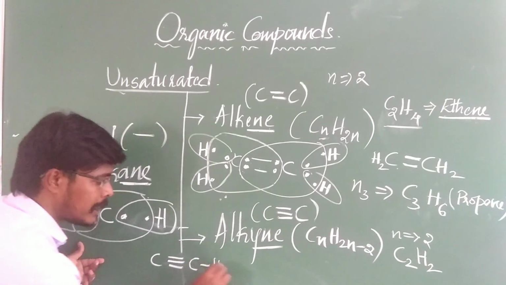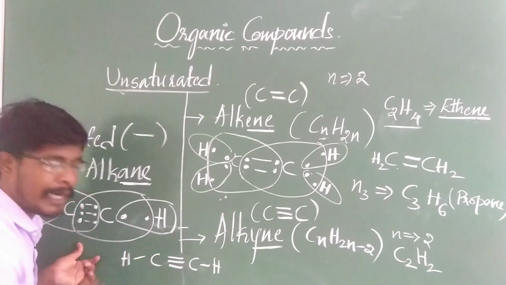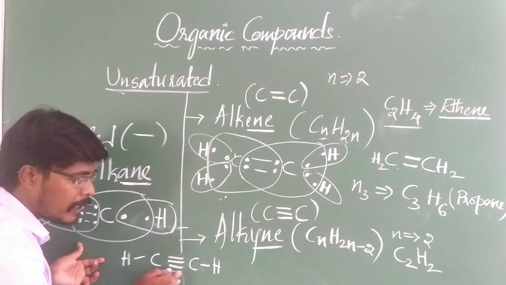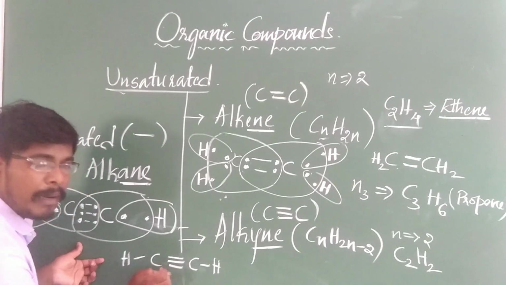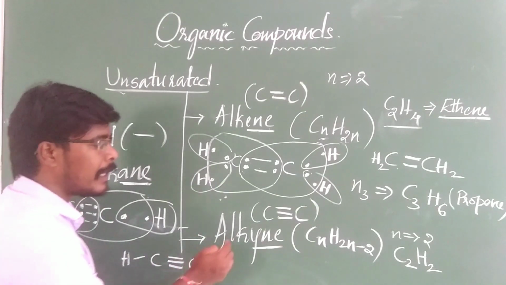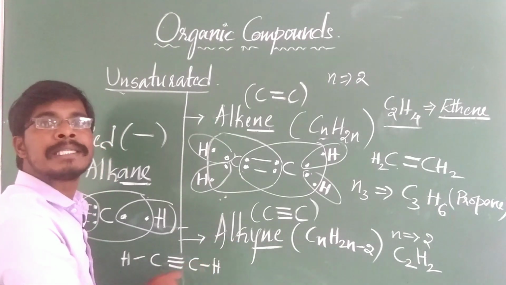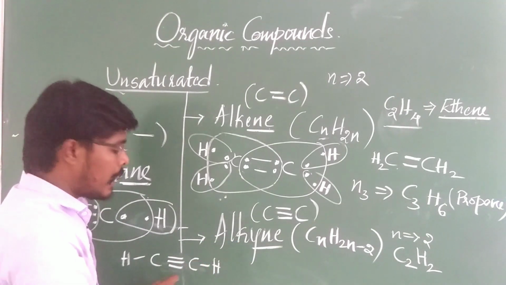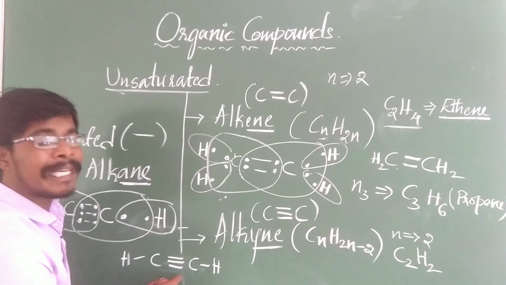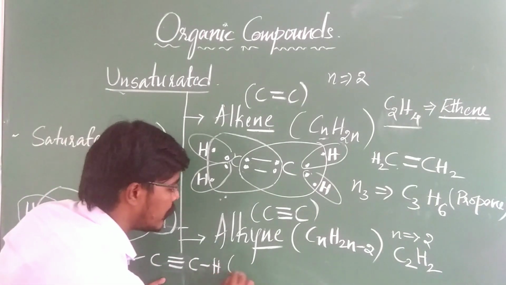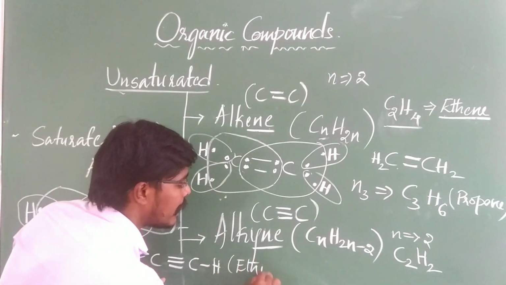Here 1 hydrogen is joined and on the left side, 1 hydrogen is joined. Because of the presence of this triple bond between the carbons, those types of compounds are called alkynes. And the name of this compound is ethyne.